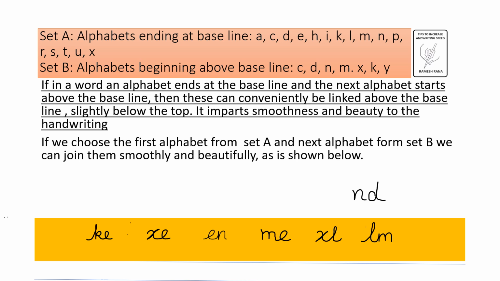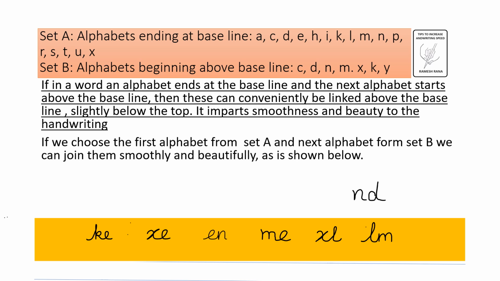And see the set B, alphabets beginning above the baseline, means the first alphabet is ending at the baseline, but the second alphabet is beginning above the baseline. In these cases, they can conveniently be linked above the baseline, slightly below the top. It imparts smoothness and beauty to the handwriting.